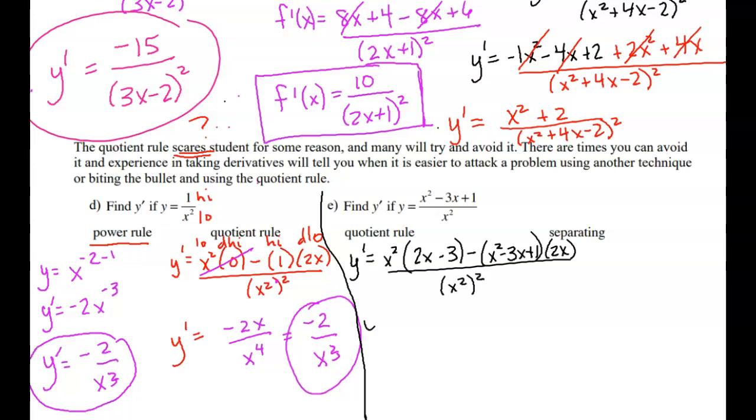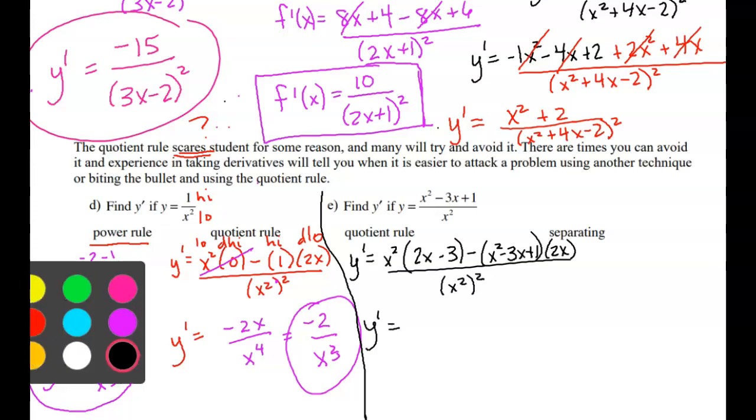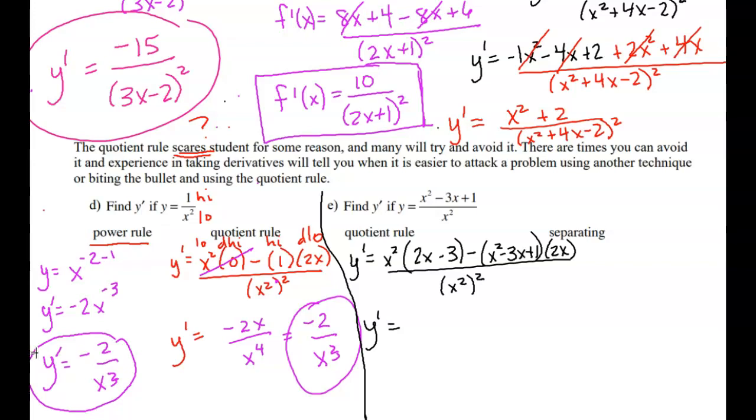And I do write all that out. I know I could clean that up, but I don't, just because there's a lot of other things to keep track of. So we're going to distribute the x squared. I'm going to make this negative over here. It's enough work. I like to keep track of that.